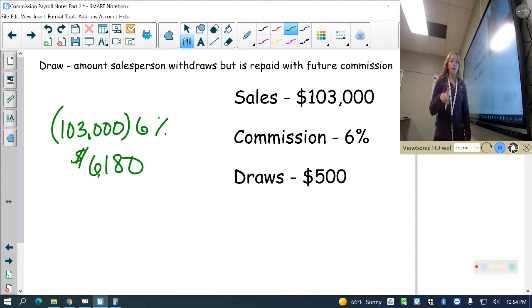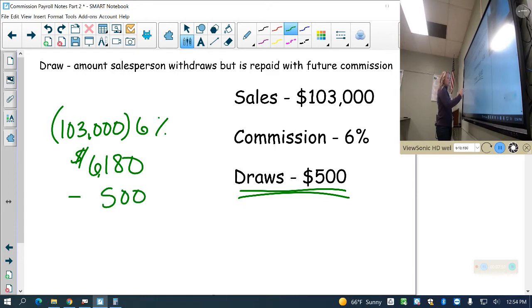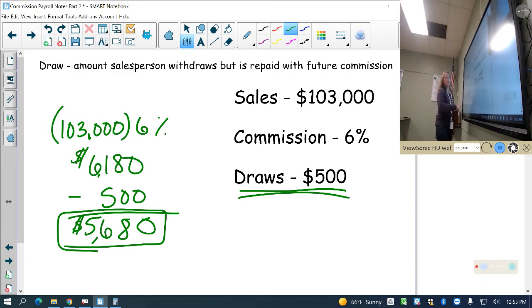However, earlier in the month, I must have taken out a draw of $500 or a loan I need to repay my boss the draw. A draw is a loan from your boss or your company, basically. So I have to take that $6,180 and subtract out my draw, which is going to give me 5,000. So my paycheck is actually only going to be $5,680 because he already paid me earlier on in the month that $500. Now I'm paying it back to the draw.